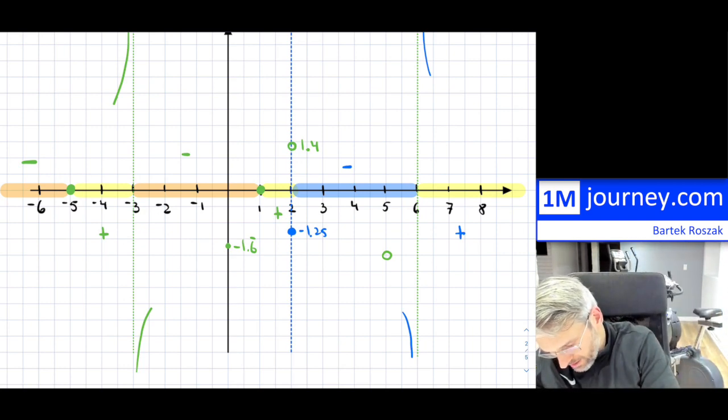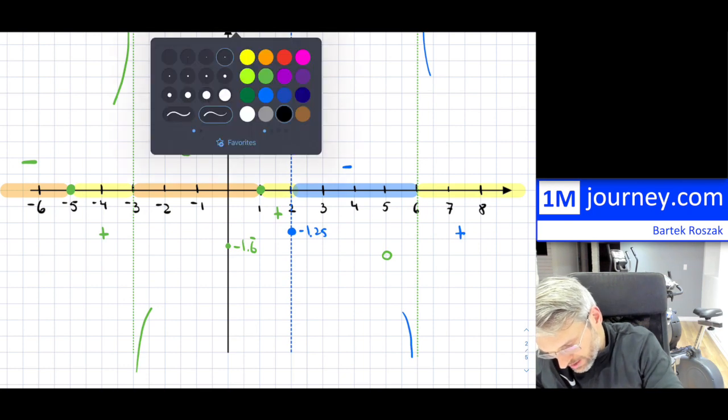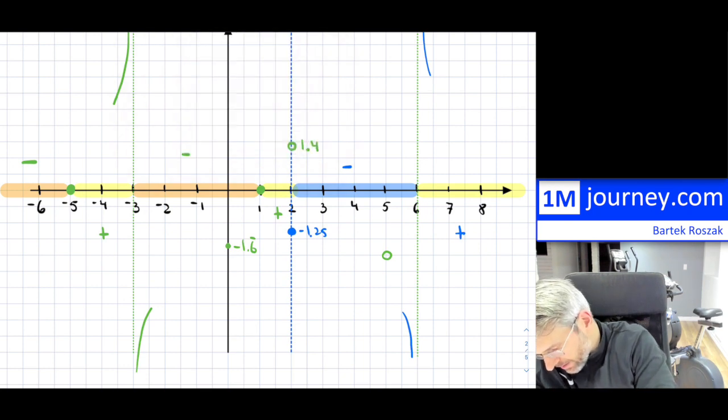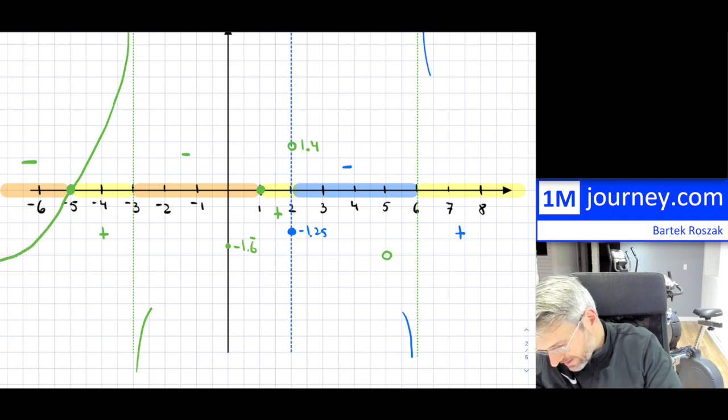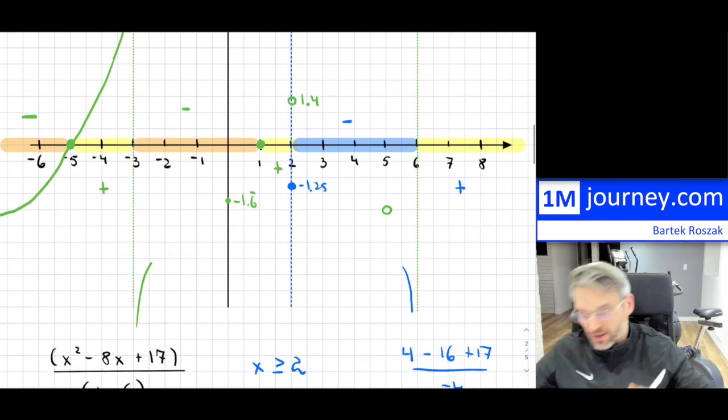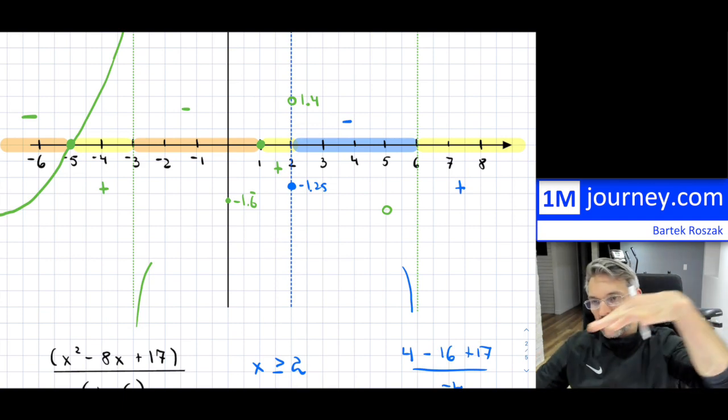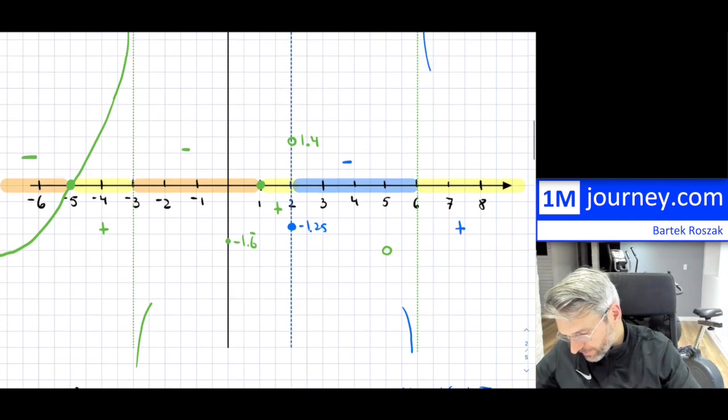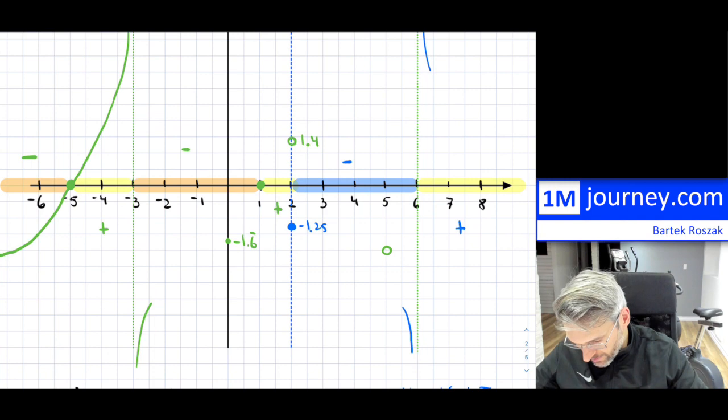We can figure out what's happening in here. My guess, since there are no zeros, is that this just goes straight through right here, and then it will start following that slant. Sorry, I'm running out of space there, but it will follow that slant on the left, and there are no local maxes or minimums.